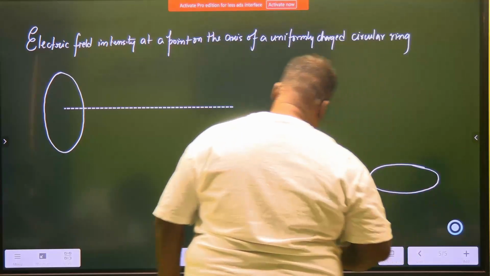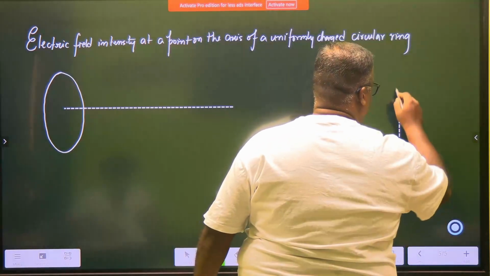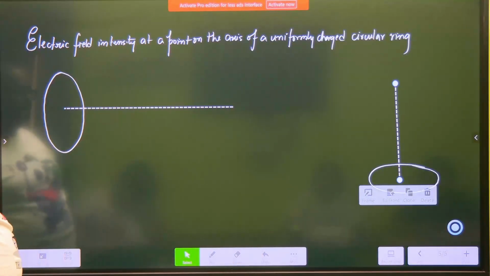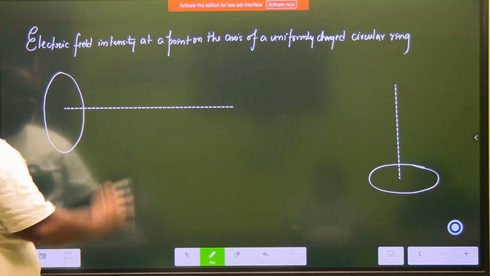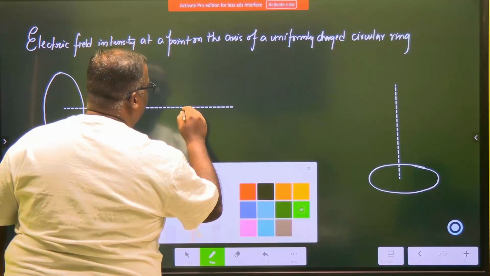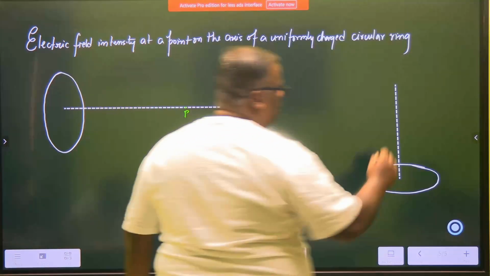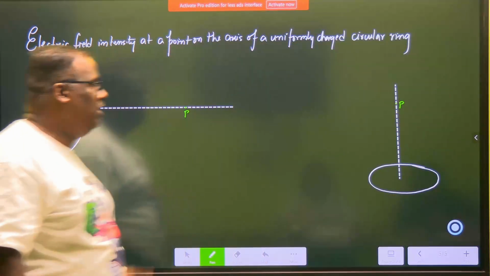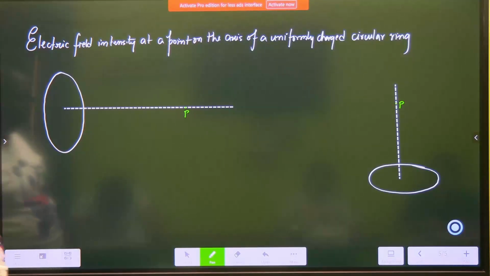This is your ring and you should be having an axis around it. Your job is to find the electric field intensity at a point on the axis. So there will be some point out here, let's say P. Similarly, if I go by this diagram, then this is my point P. Any one diagram is sufficient. I have made two diagrams just for you to understand.